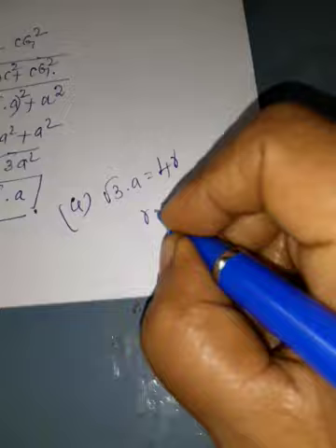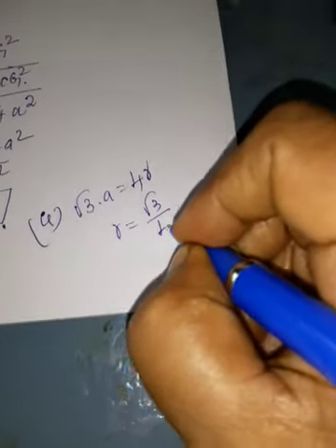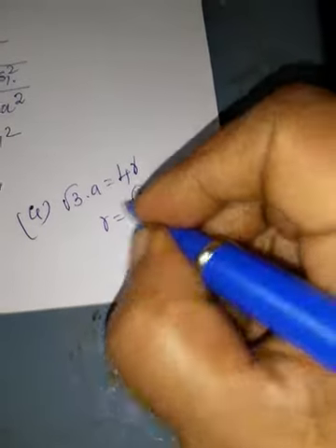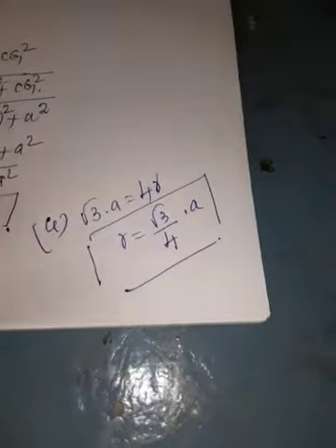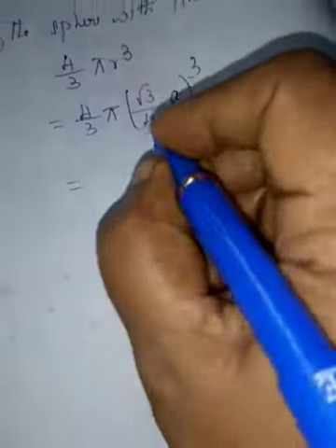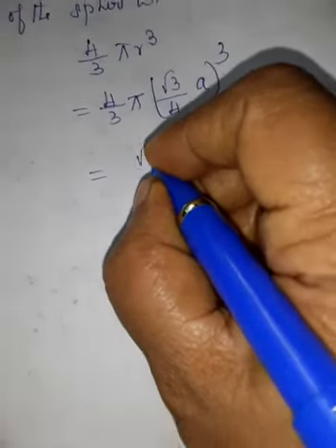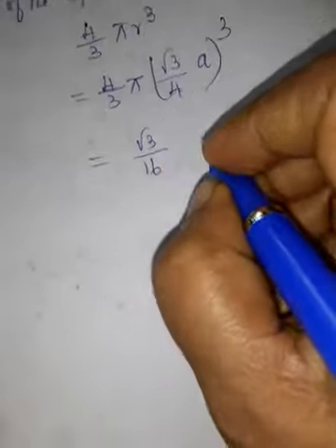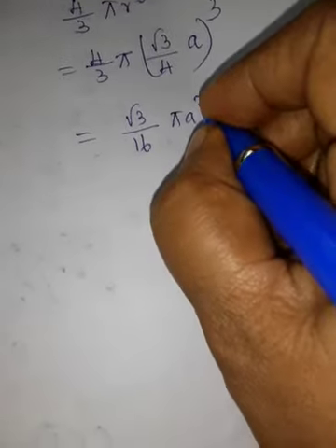Therefore r is equal to root 3 by 4 into a, the radius. So we substitute root 3 by 4 into a, whole cube, here. By simplifying we get the answer root 3 by 16 pi a cube.